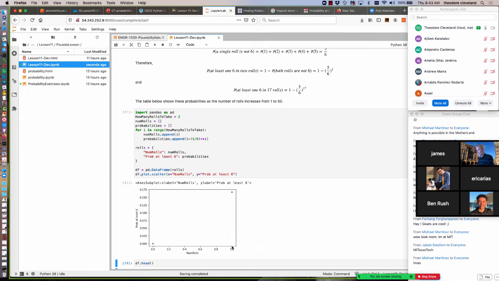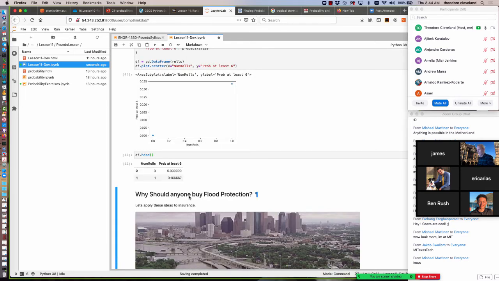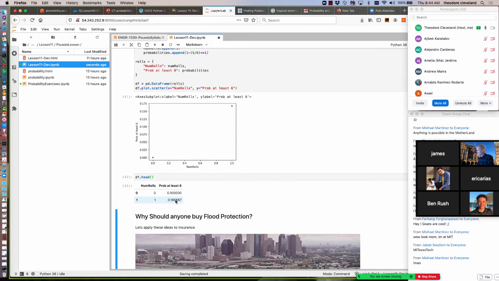If we roll the die 1 time, the probability of getting at least one 6 is a little less than 0.175, and we can go look at that in the data frame head. 0.1667, that stinkingly sounds like 1/6.